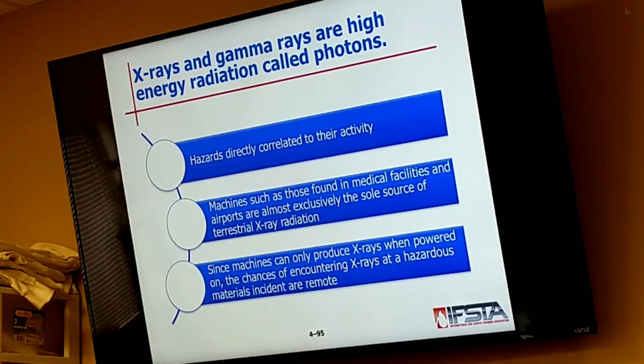X-rays and gamma rays. Machines are found in medical facilities. Now we go through them at airports. Some of the machines can only produce X-rays when powered on.